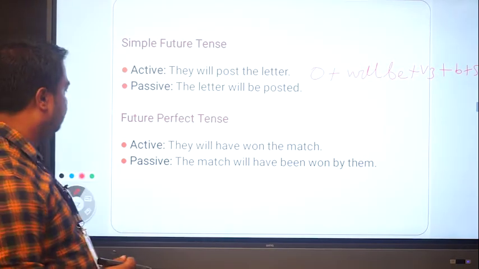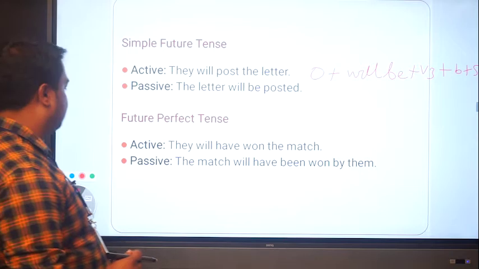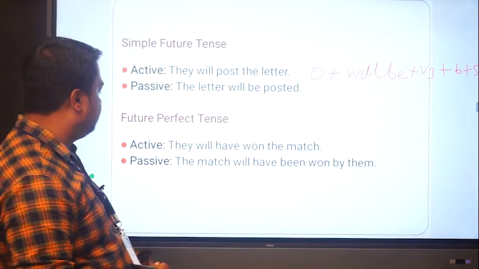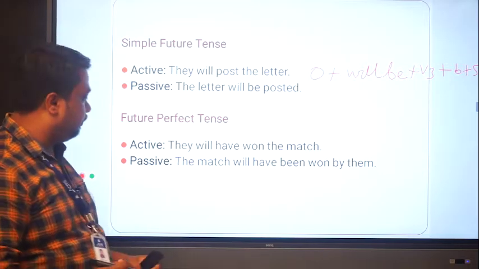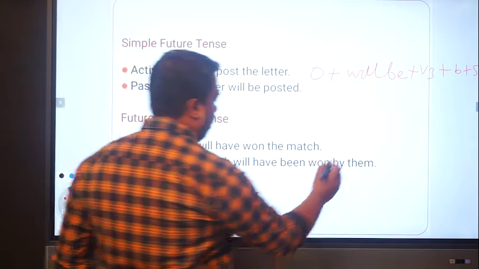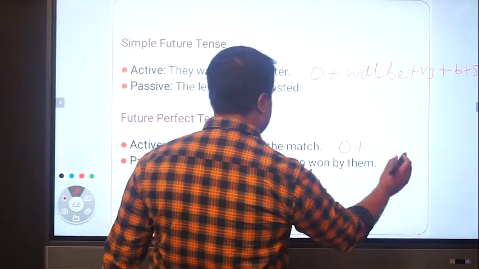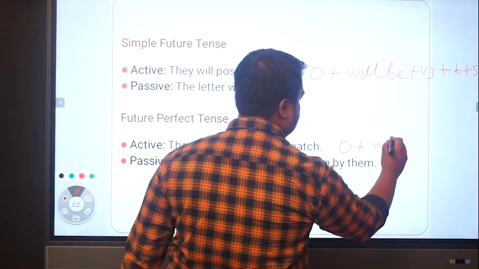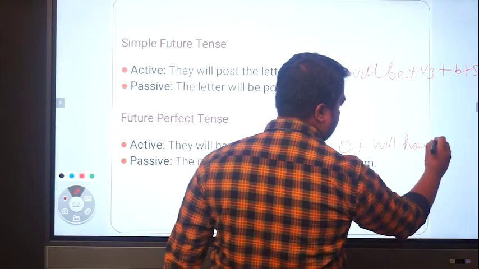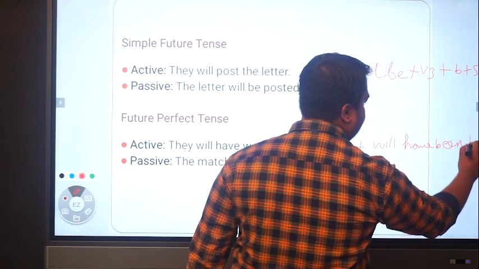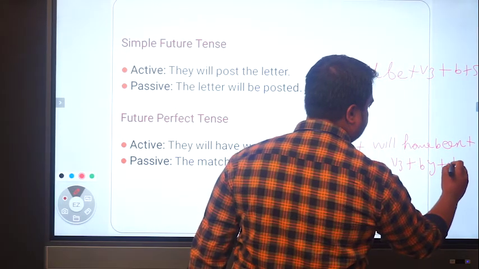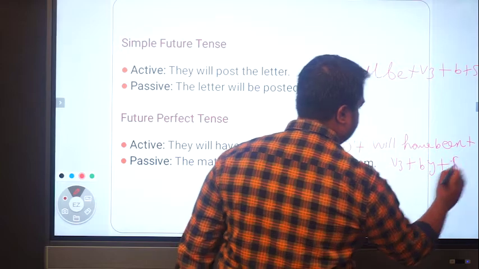Got it? Right. And the next tense, future perfect tense. They will have won the match. And the passive form of it is the match will have been won by them. Here it's object plus will have been plus V3 plus by plus subject.